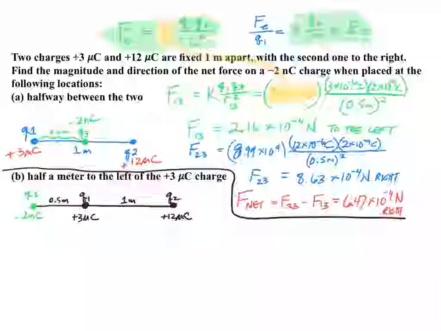So if we do the interaction between these first two on the left, the force of 1 on 3, again, it's going to be 8.99 times 10 to the 9th, and we're going to have 1.5 meters squared, and the product of those two charges.